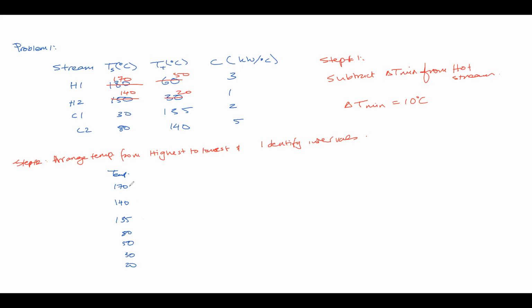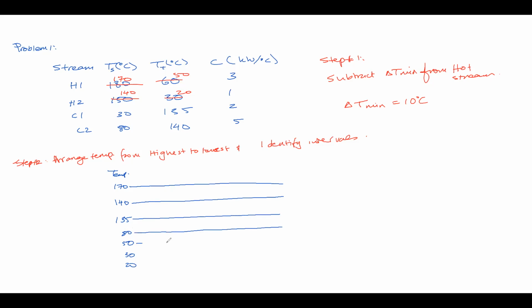And the way I like to do it is to draw a straight line next to each temperature. This way it's easier to identify the intervals. It's up to you whichever way you do it, as long as you don't violate the algebra. Feel free to use whatever approach you think works best for you.